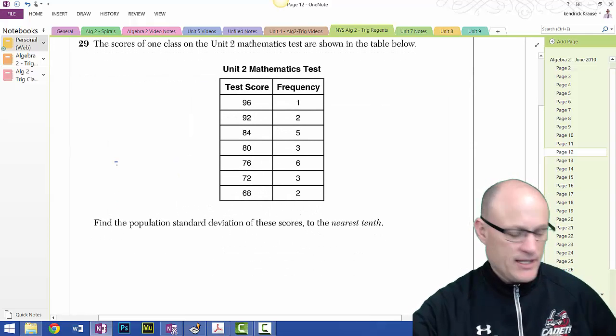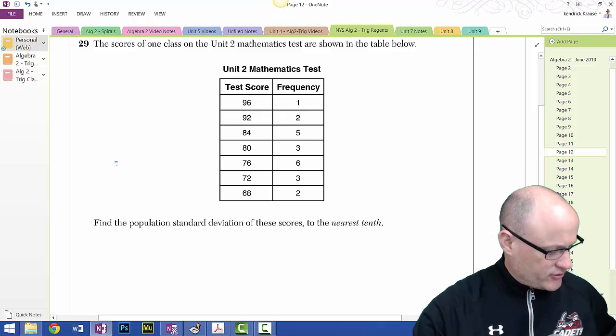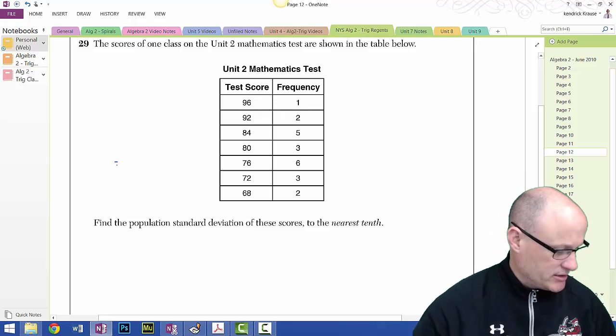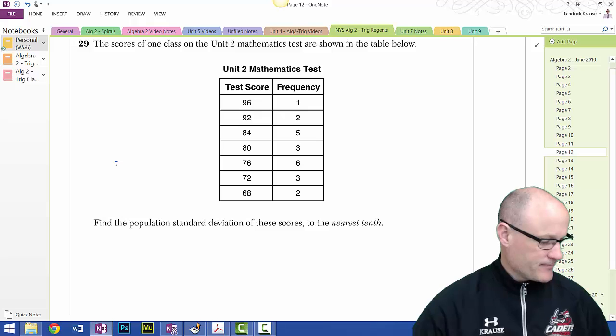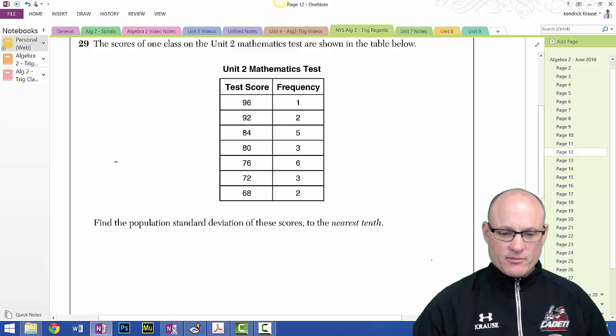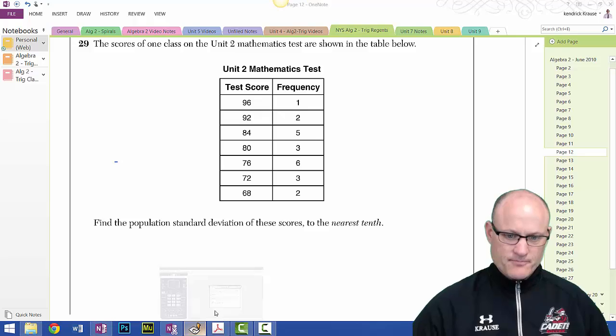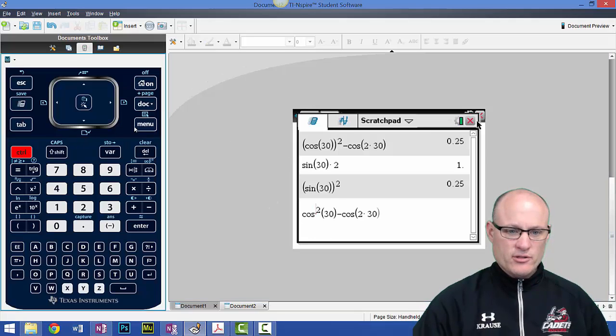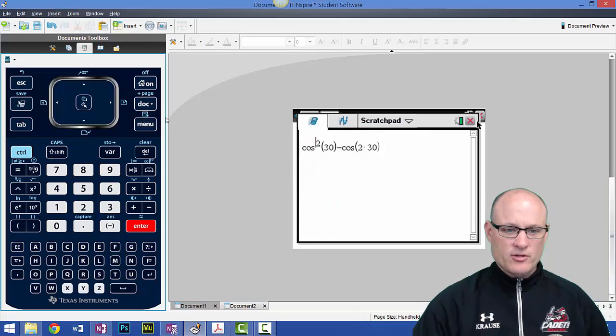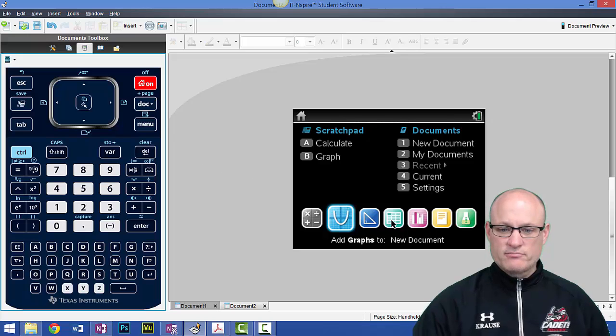All right, so I need to find the population standard deviation. I need to get these in my calculator, which is right here. Oops, I've got to clear the history out. Go back to the screen, let's get into the spreadsheet.